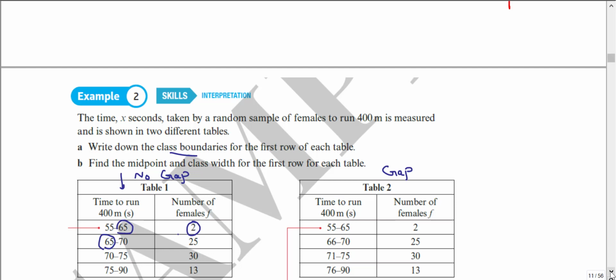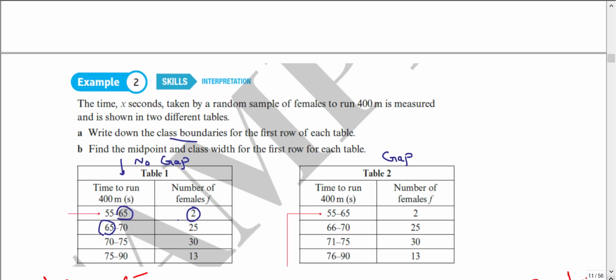So we have 65, and the next one starts with 65, ends with 70. The next one, the third one, starts with 70. So we don't have gaps. For this one, there is no gap. The first group ends with 65. The second one starts directly with the same value.